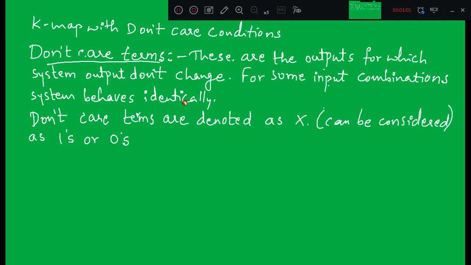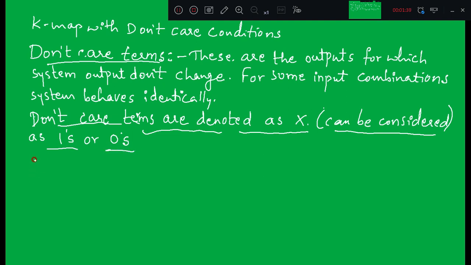Let us say the system outputs something for some input combinations, and if you increase the input combinations and check the output, it does not change. For those inputs, the output of the system is called a don't care. The don't care terms are denoted as x.